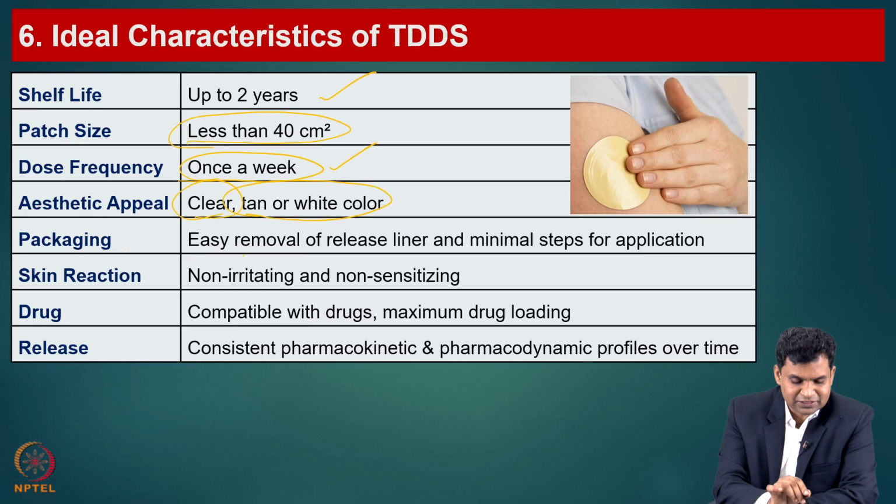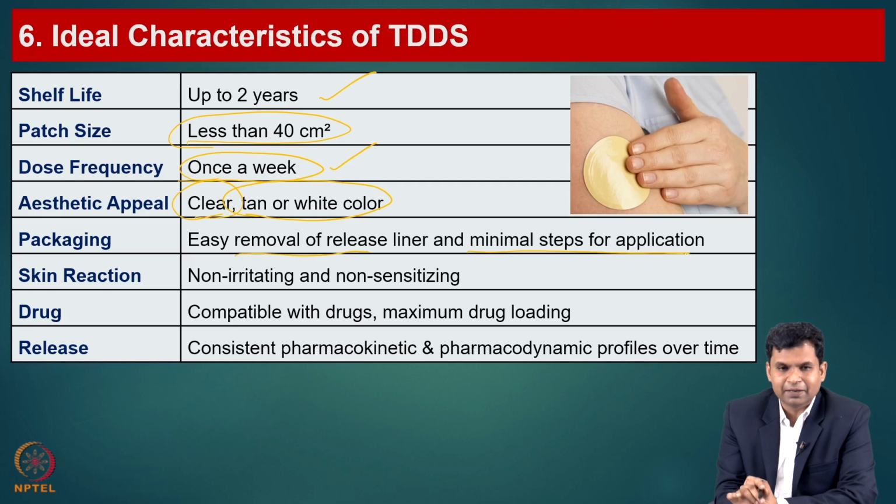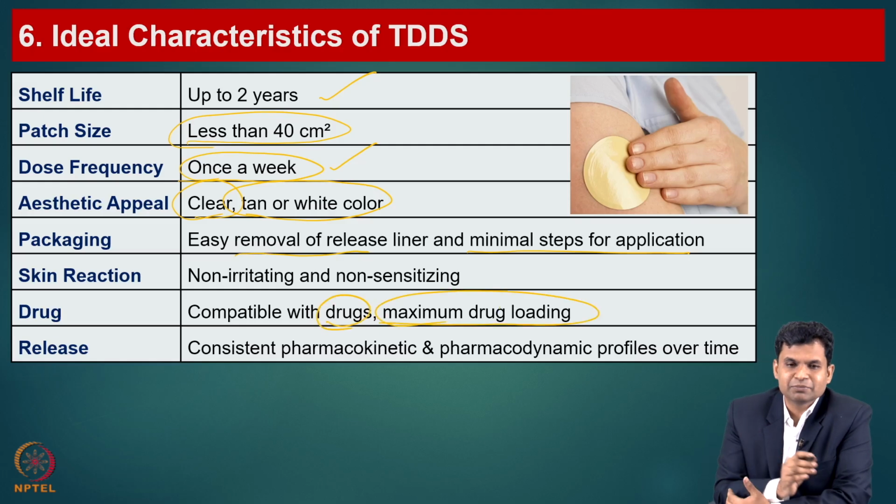And the packing should allow easy removal or release of the liner, with minimal steps for the application. On skin irritation, your transdermal patch should be non-irritating and non-sensitizing. The patch should be compatible with your drug and should show the maximum drug loading.